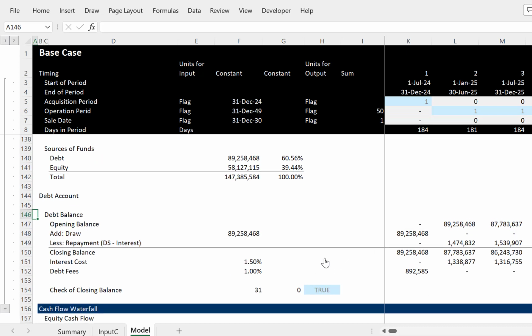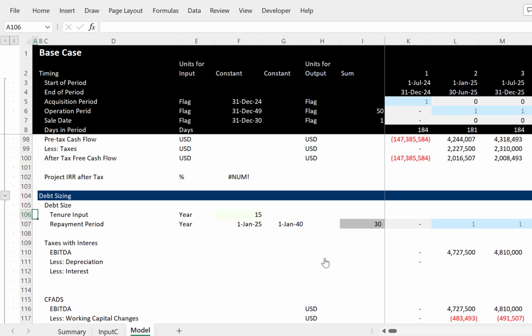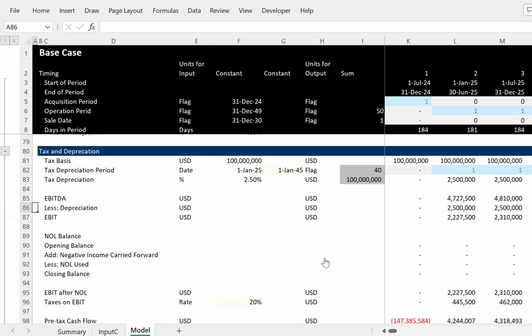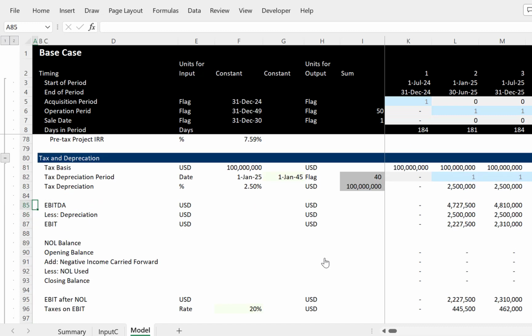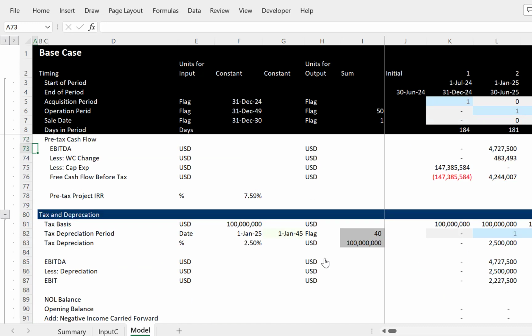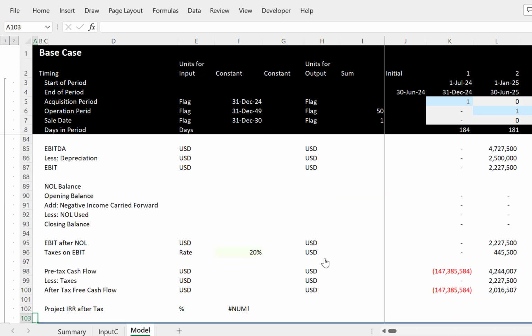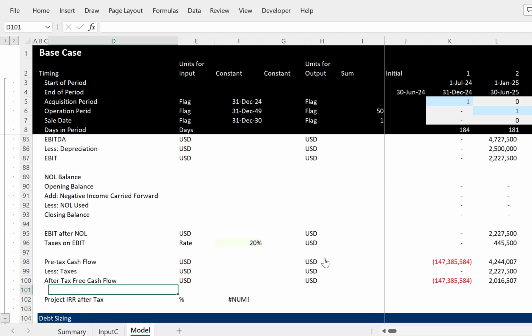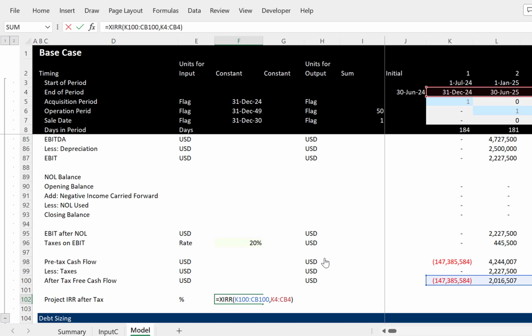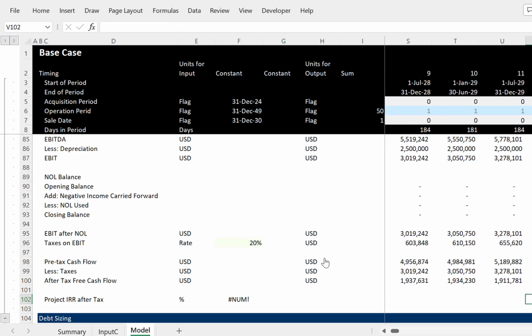Okay, and that means our project IRR up here. Uh-oh, what happened to the project IRR? Our project IRR now has changed a lot. And what happened to this one? Oh, shoot. XIRR, CB to CB. Why did it not like that?